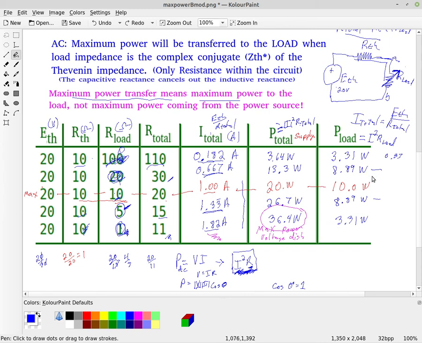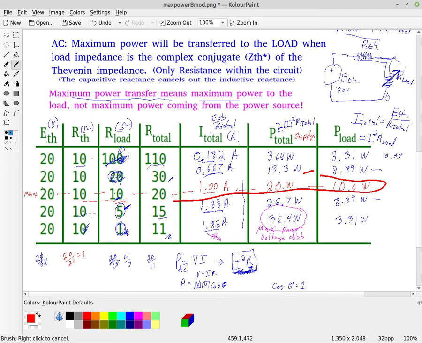All right, but you can see that yes, indeed, maximum power is occurring when R Thevenin is equal to R load, or the load resistance is equal to that Thevenin equivalent.